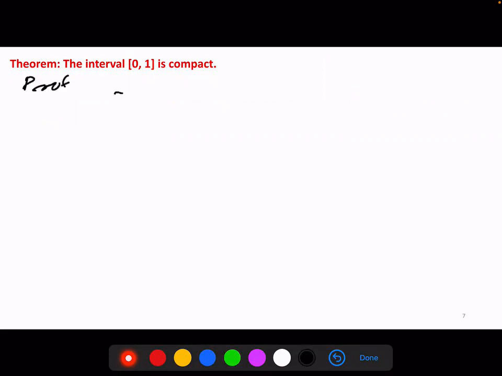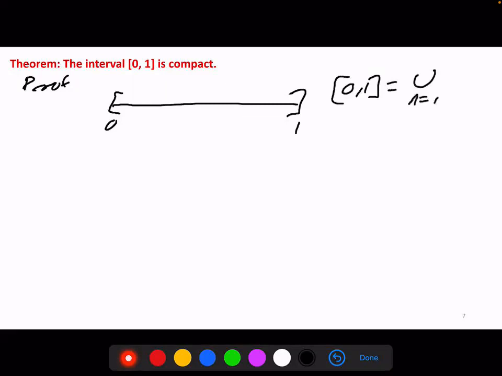let's say here's [0, 1], and let's say we can write [0, 1] as a union, n from 1 to infinity, of, say, On, where our On's are open sets. And let's assume that there's no finite subcover.